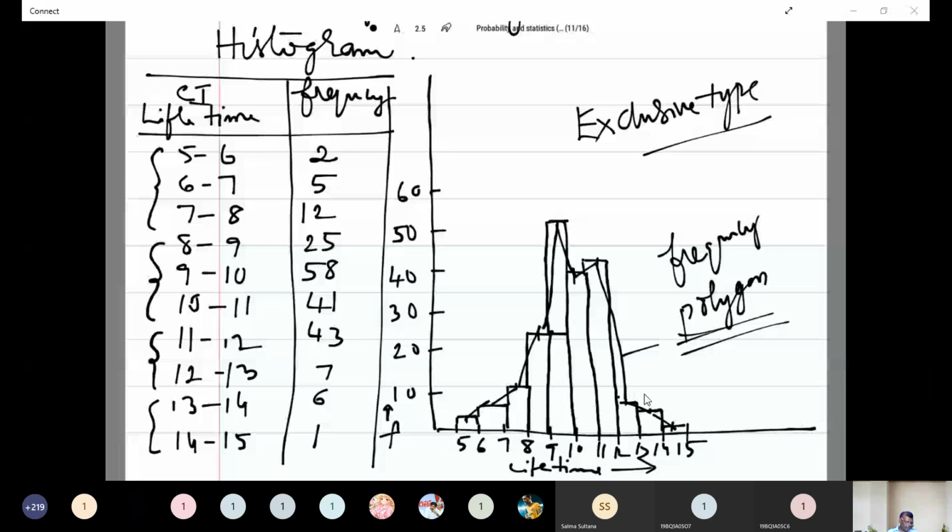Okay, and we have to see one more example. That is a simple example that you have to note down here.